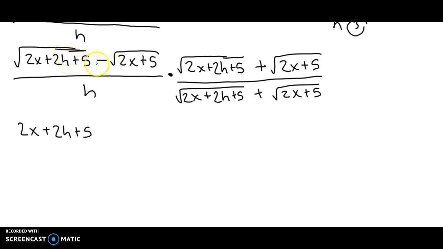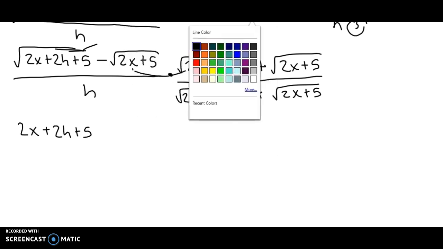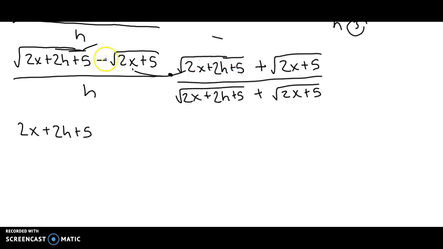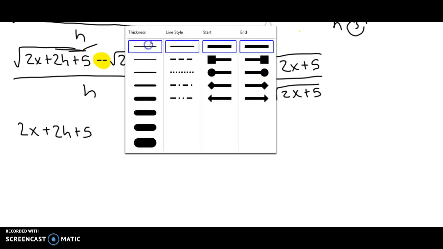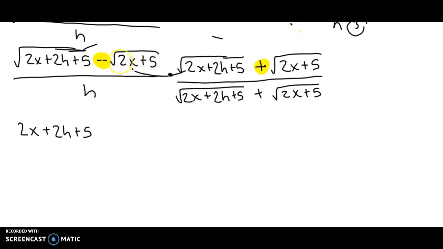And if I FOIL the second part, the ones in the middle cancel out, because these signs are all opposites. So the difference of two squares can be applied here, meaning the inside portions will cancel. If I FOIL the last two portions, I'll get a negative 2x plus 5.